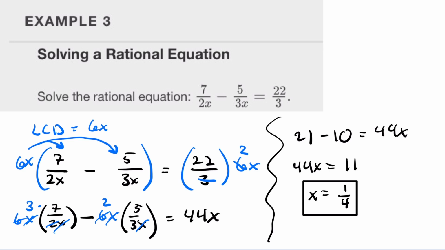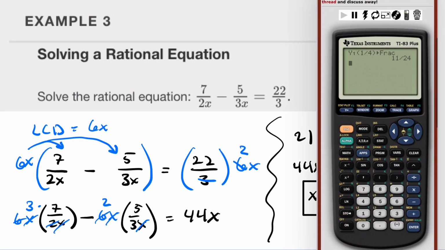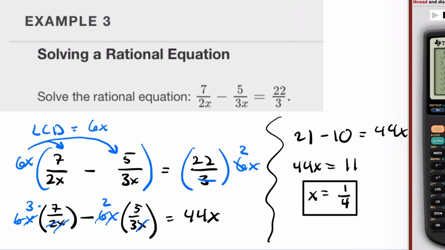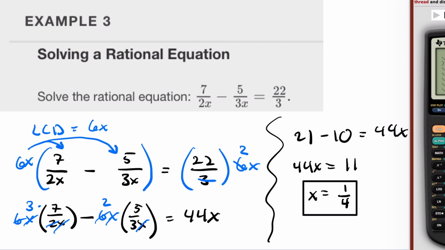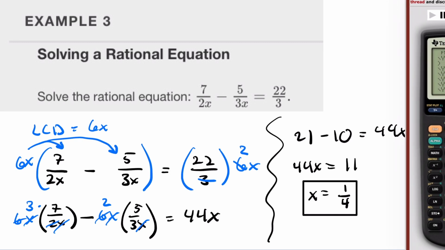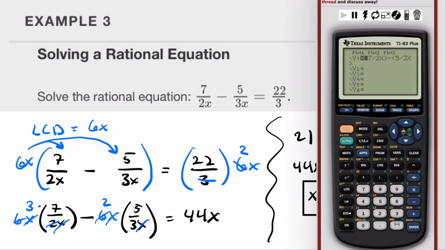Let me see, maybe I didn't type it in the calculator right. Let me go back to my y equals, 7 divided by 2x minus 5 divided by 3x.